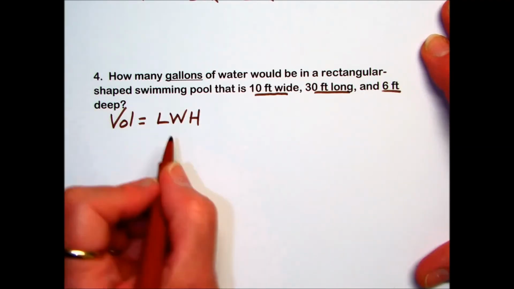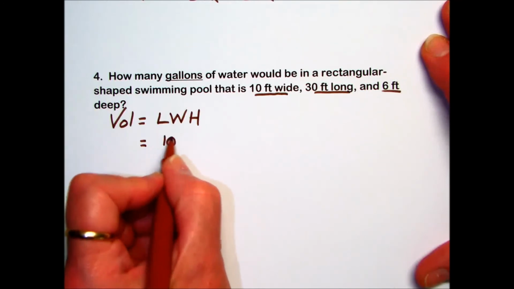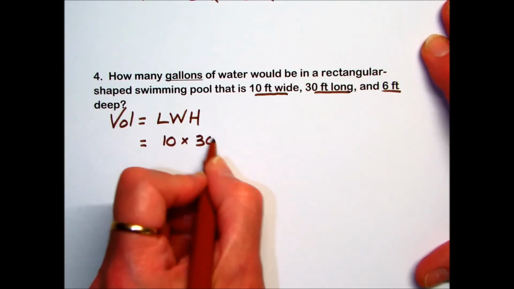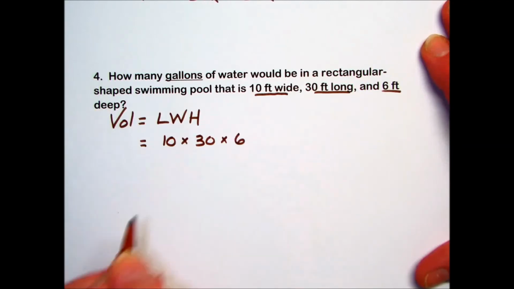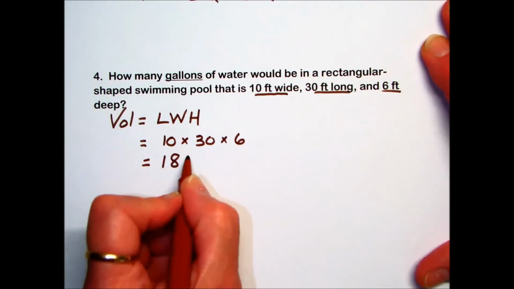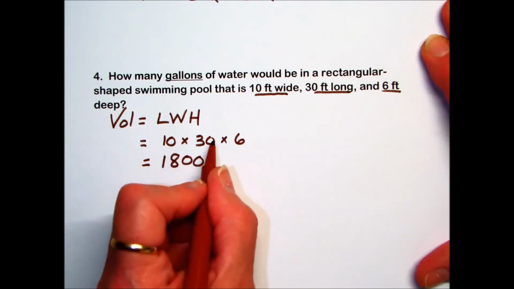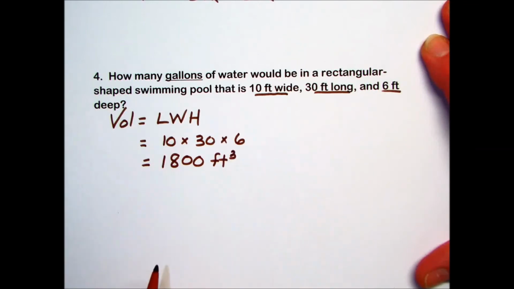We will take the area of the face by taking length times width, which would be 10 times 30, and multiplying that by the height or depth of this pool, which results in 1,800 feet times feet times feet, which is cubic feet.